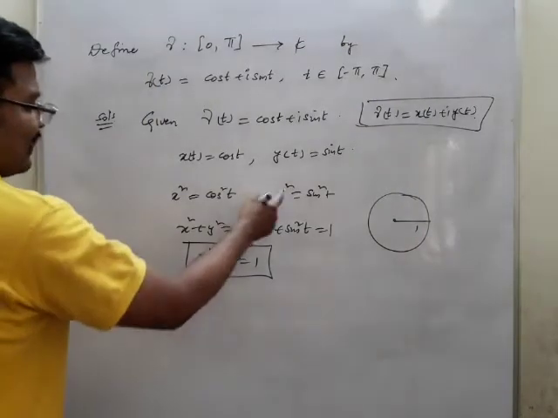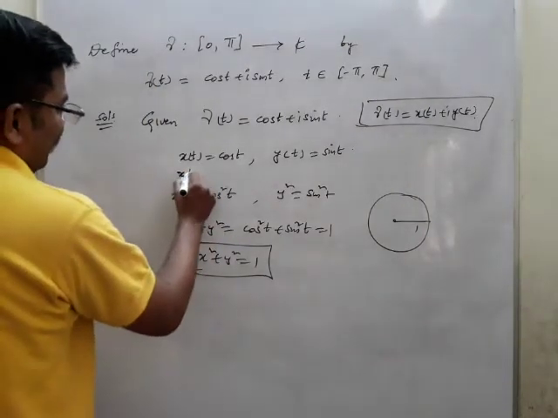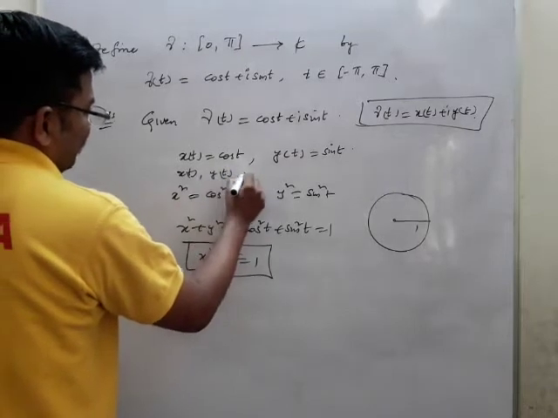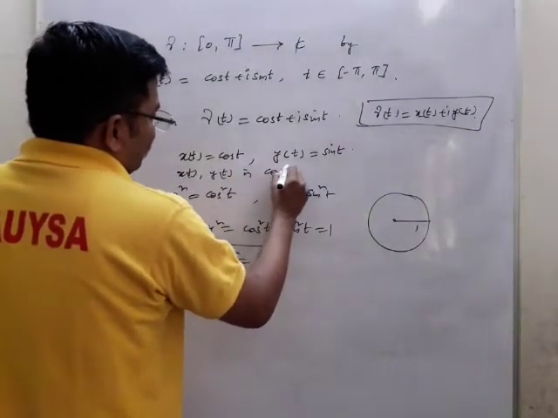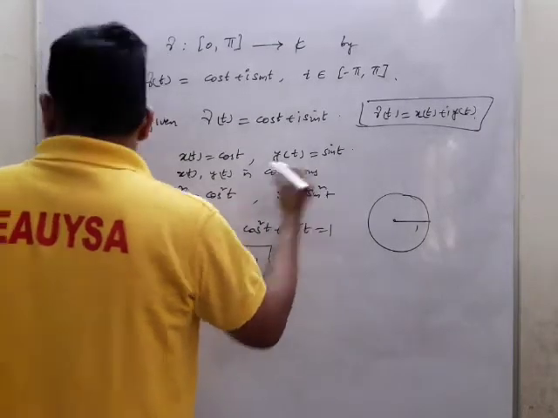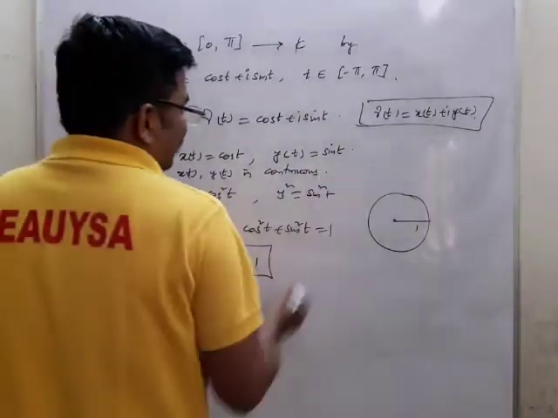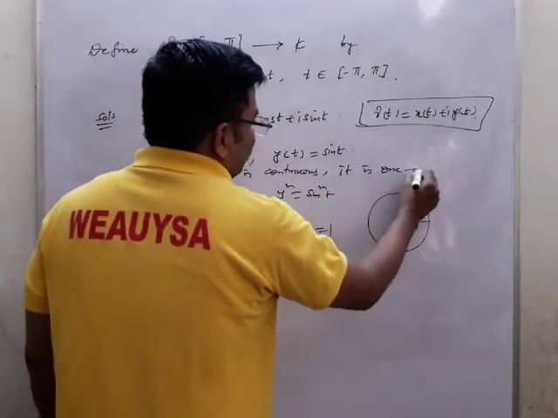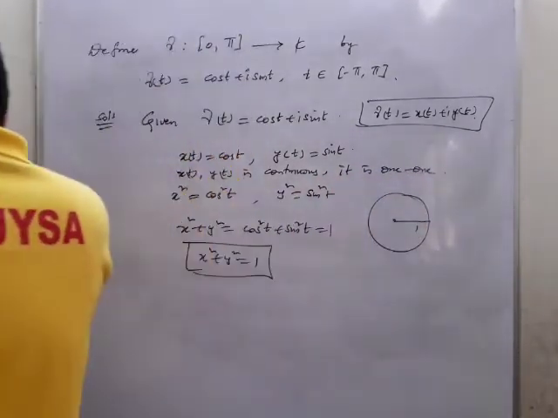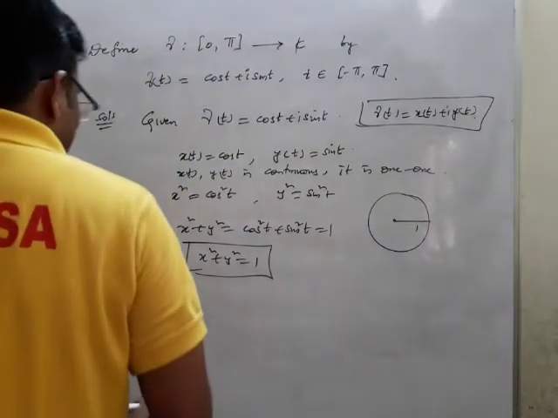So what we can say from here is that x of t and y of t, cos t and sin t, are continuous, and we can say that it is also one-one.